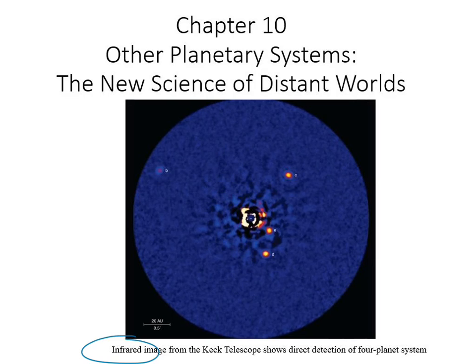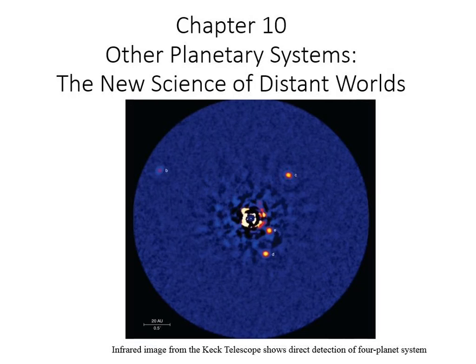Now, usually we cannot see planets directly. This is a very rare example of actually seeing the thermal signature of planets directly. Instead, we see planets indirectly. And there are two ways we can see planets indirectly.